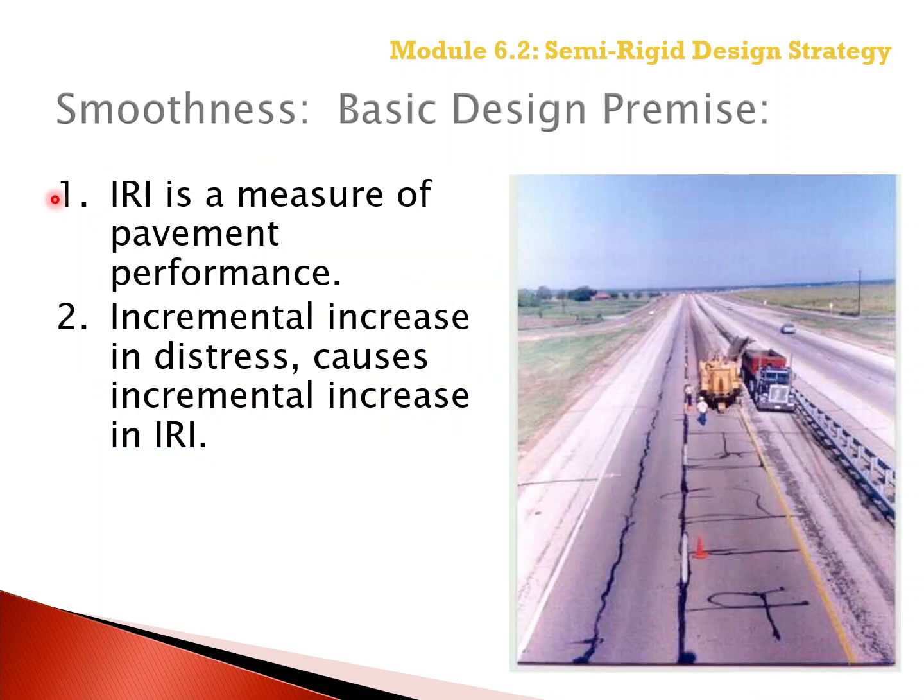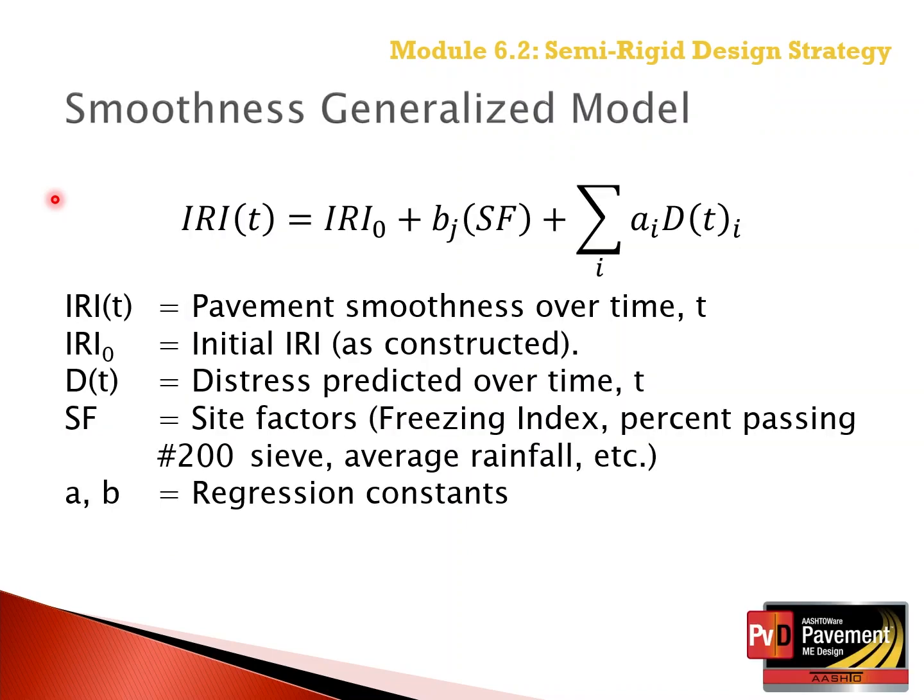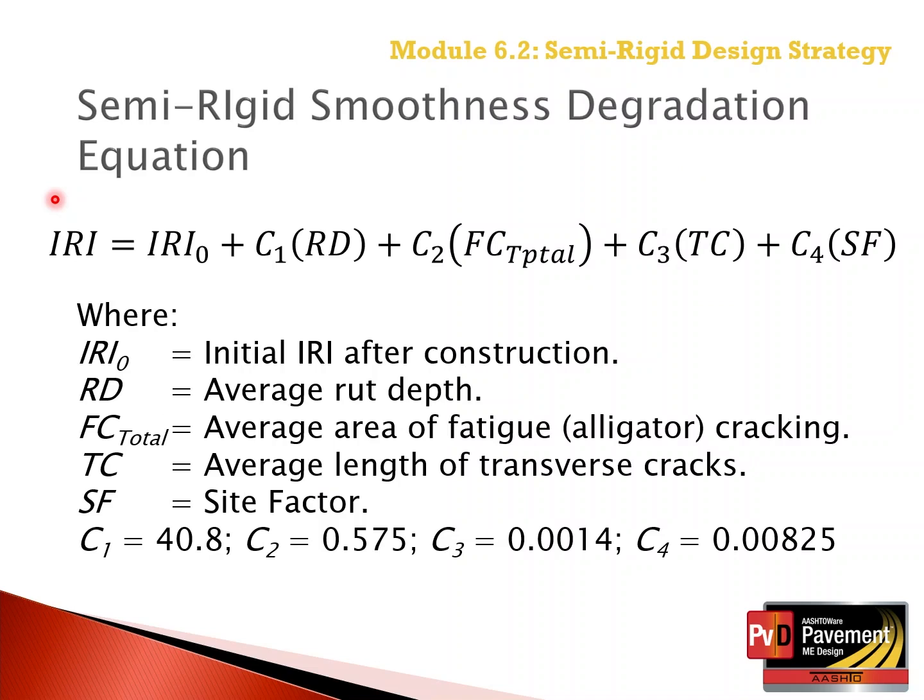The basic design premise is basically the same between semi-rigid and flexible pavements. The same smoothness generalized model is used for semi-rigid pavements as applied to flexible pavements. So the semi-rigid smoothness degradation equation is shown here. Basically, it's the same type of model as for flexible pavements.